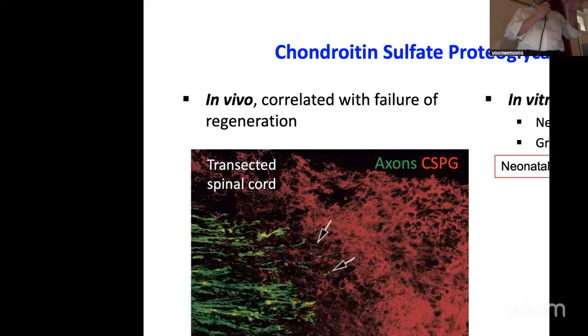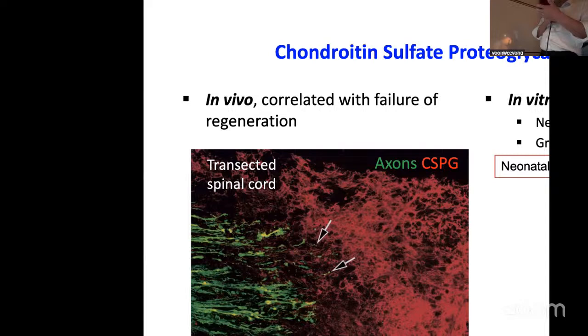So this has been researched for many, many years and has been driving the field of CSPG and ECM research in the central nervous system. And what one appreciates is that in this cross-section of the spinal cord that is transected, the CSPGs accumulate and axons that are trying to regenerate cannot. So this is a barrier forming a scar-like matrix that prevents CNS regeneration.